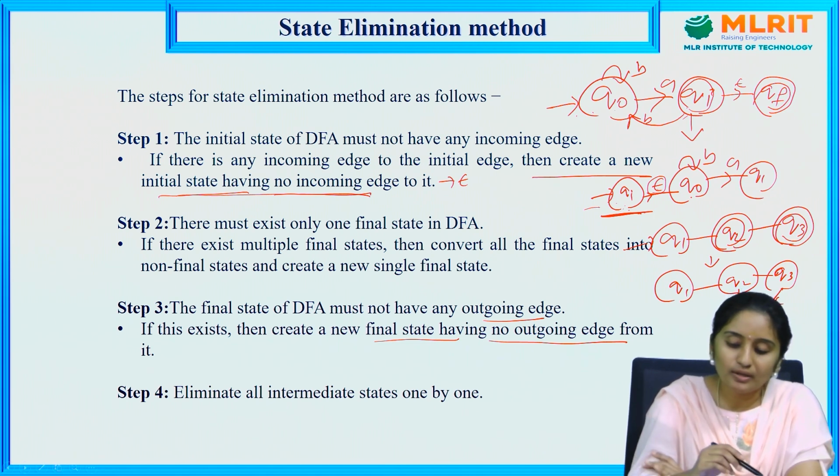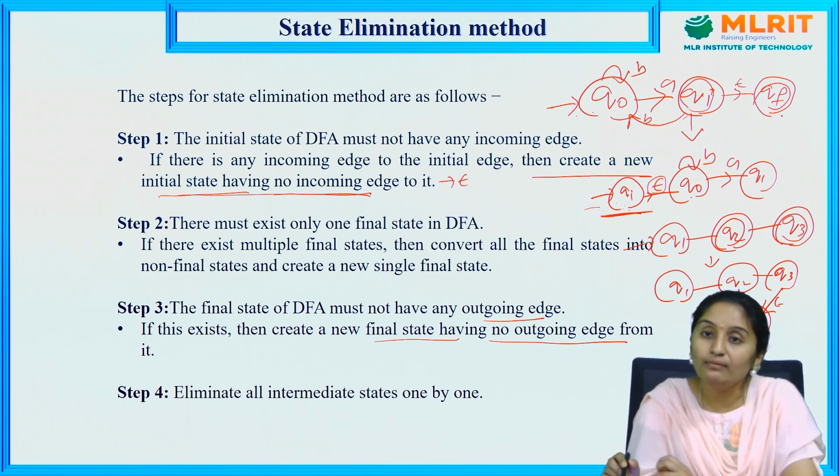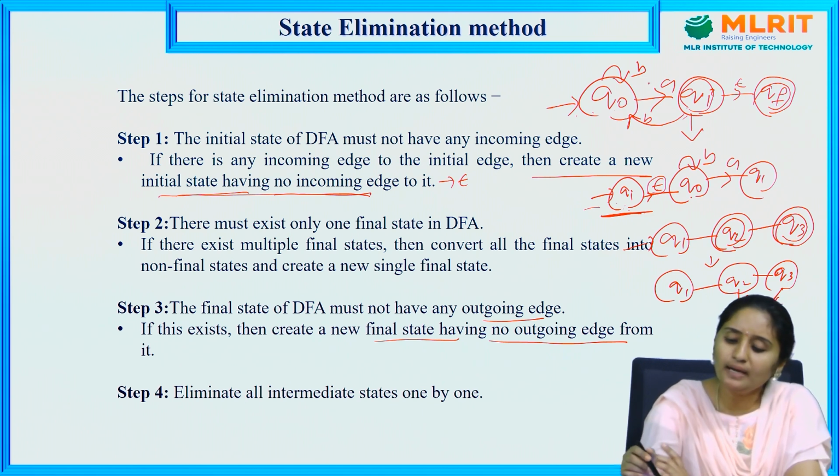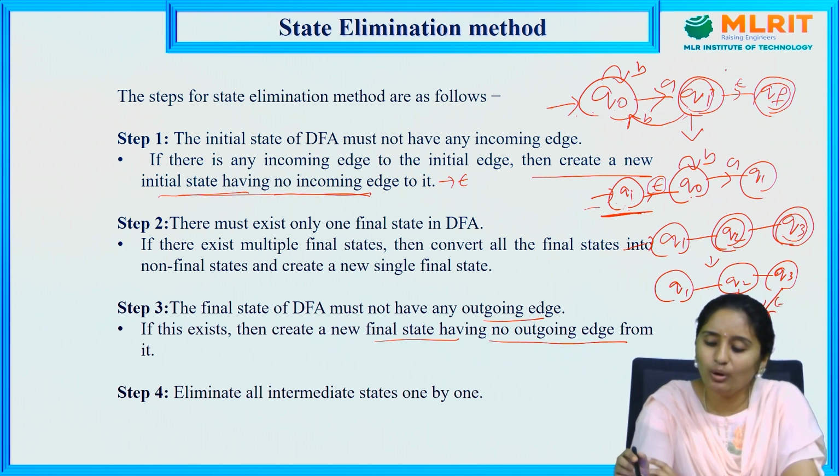The third point is that the final state should not have any outgoing edge. If we find outgoing edges, create a new final state with epsilon moves, so that there are no outgoing edges. Next, eliminate all the intermediate states and keep only the initial state and the final state. That gives us the regular expression.